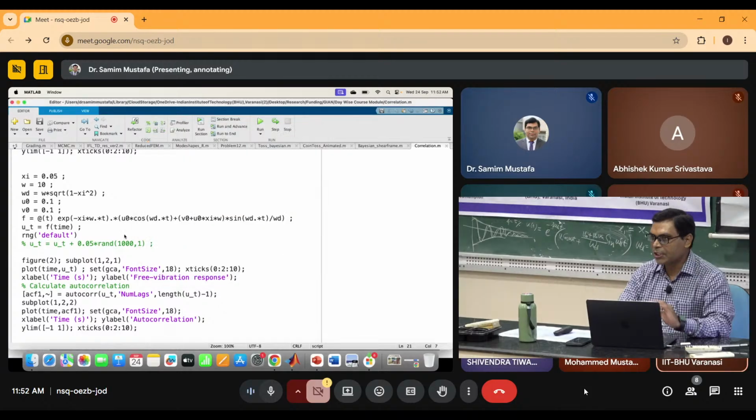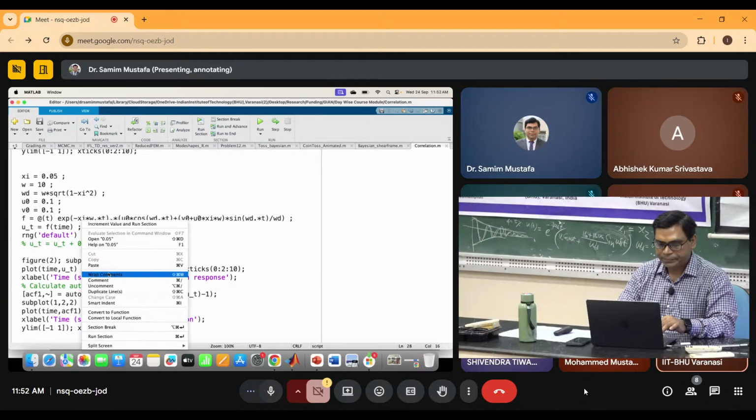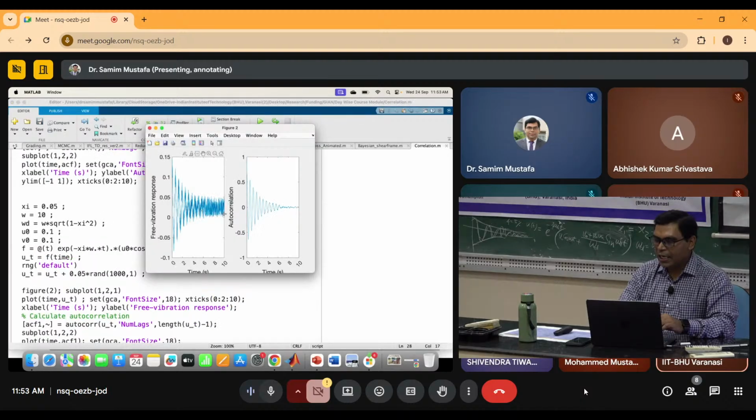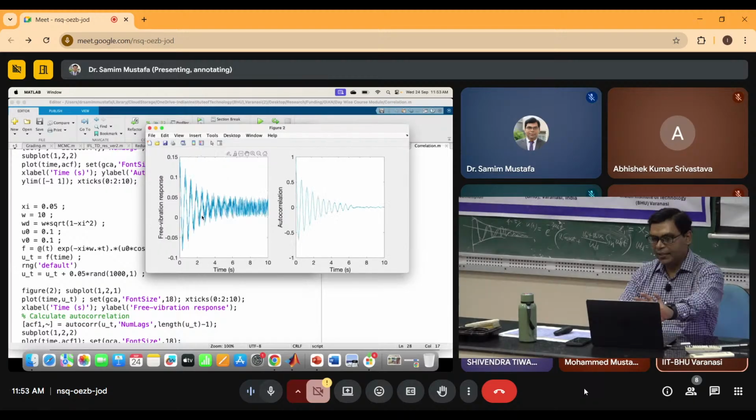So now this is the actual response, theoretical response. Now if I add some noise to it, then what will happen? See, I have added some noise to the signal. So you can see there is a free vibration decay, but there is some noise. This type of thing you will see in the real measurement.